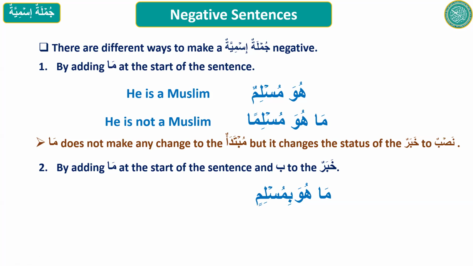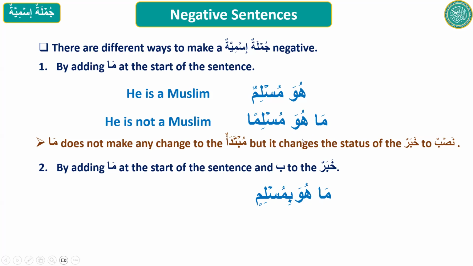Yeah, bi muslimin. So you see here, the khabar is now in jar status. In jumla ismiya, we learned that the khabar has to be in rafa status. In the first case, the khabar changed to nasb, and in the second method, the khabar changes to jar status.